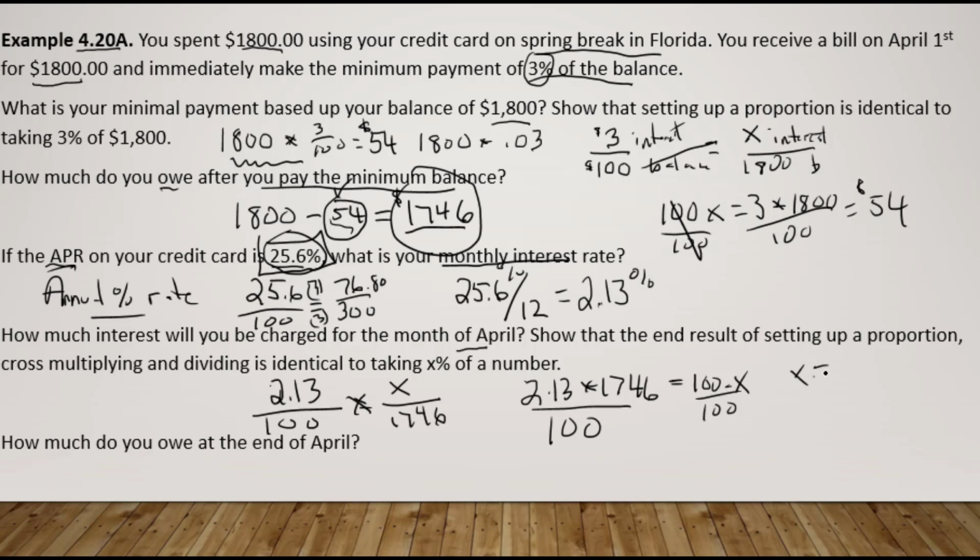X is 37.19, rounded to the nearest penny. And that's dollars, right? So that's how much interest I would be charged on the balance of 1746.